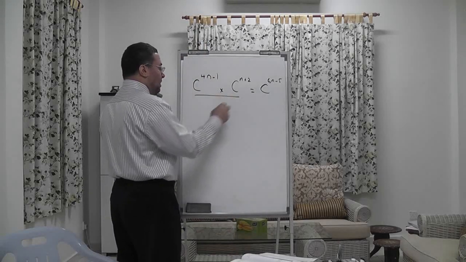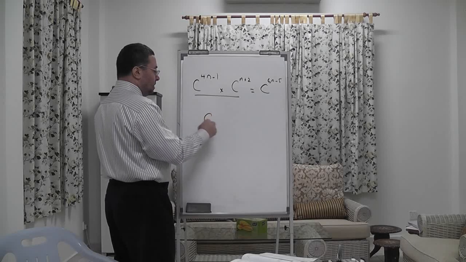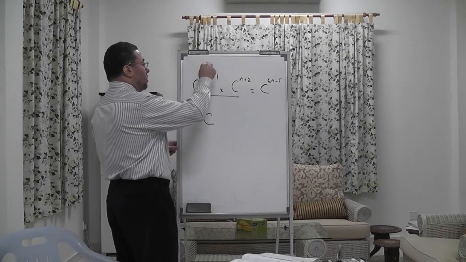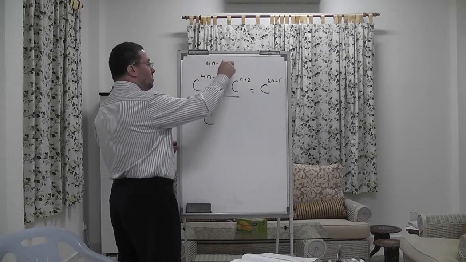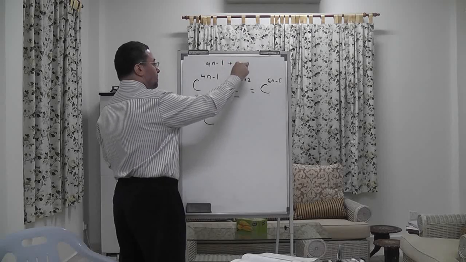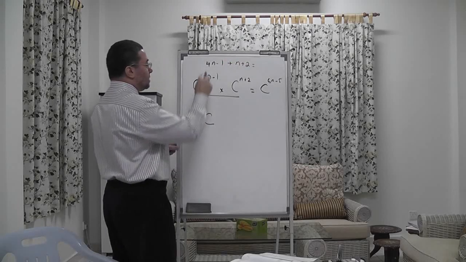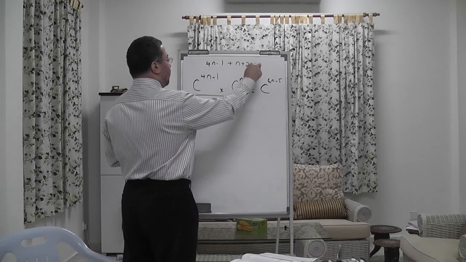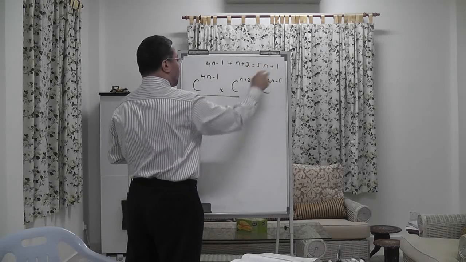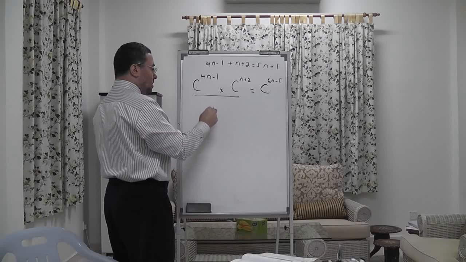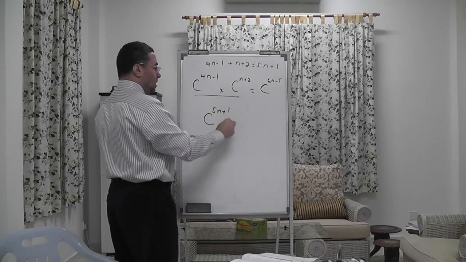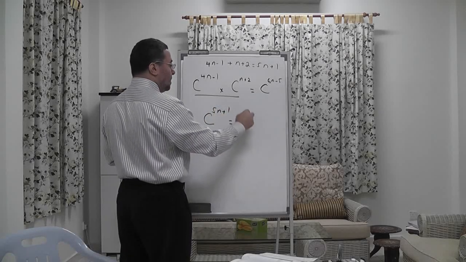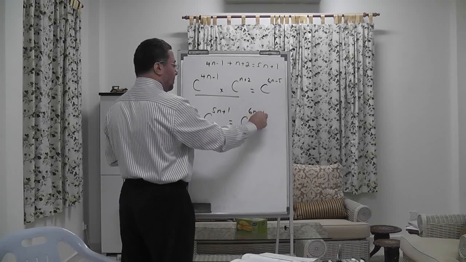We are going to do this multiplication, and that will give us c. We add the powers, 4n minus 1 plus n plus 2, and that gives us 4n and n, that's 5n plus 1. And that's equal to c raised to 6n minus 5.